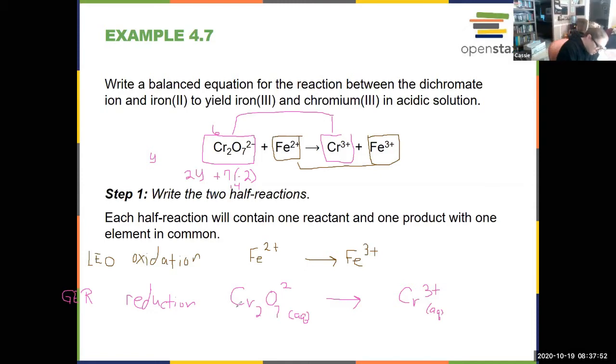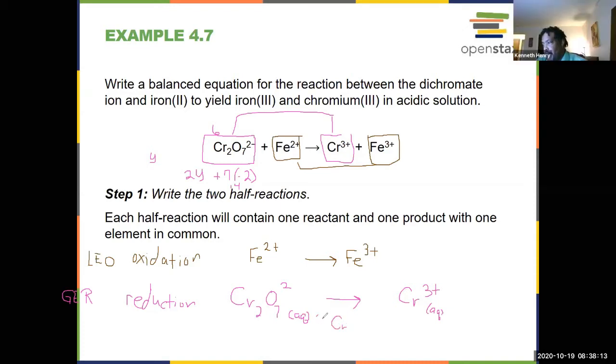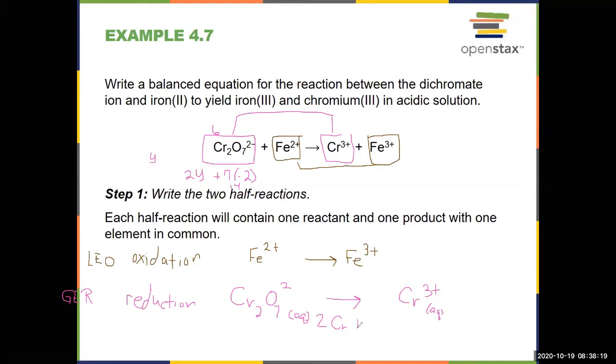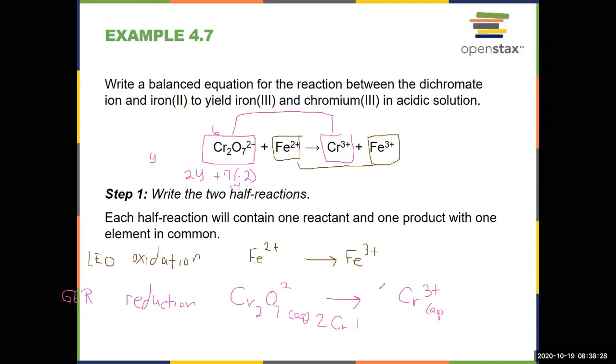Down here we have 2 chromium on our reactant side and 1 on the product side. Is that balanced? No. So if it isn't balanced, what do we need to do to balance it? To balance O atoms, add H2O.